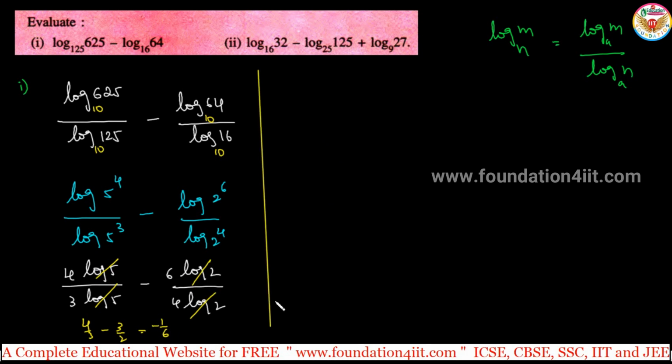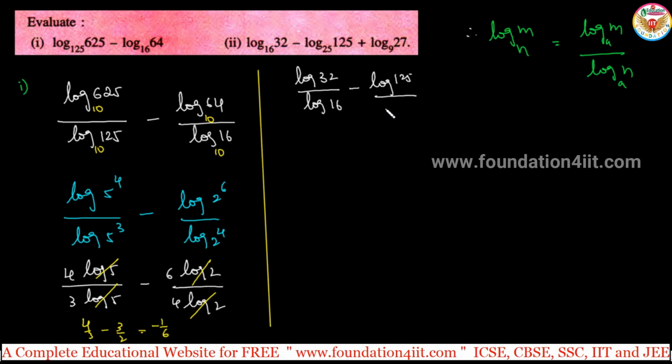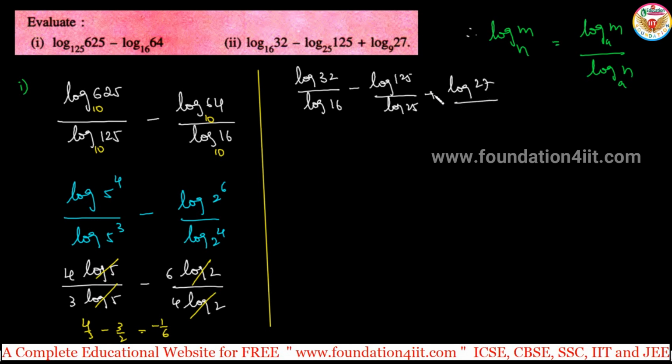And one more question, using the same approach. Log 32 to the base 16. So you can write log 32 divided by log 16. This is the formula you apply. Minus log 125 whole divided by log 25, plus log 27 by log 9.